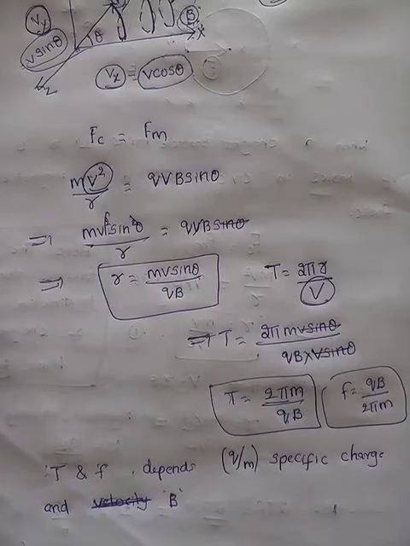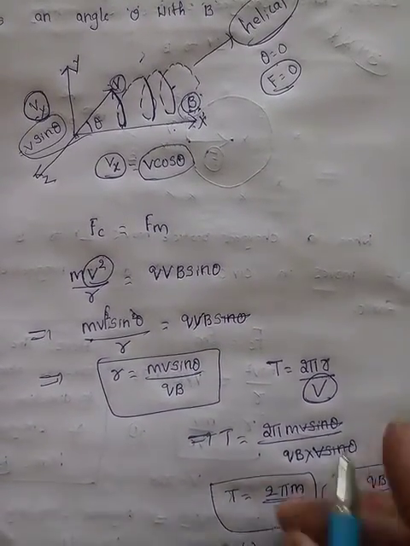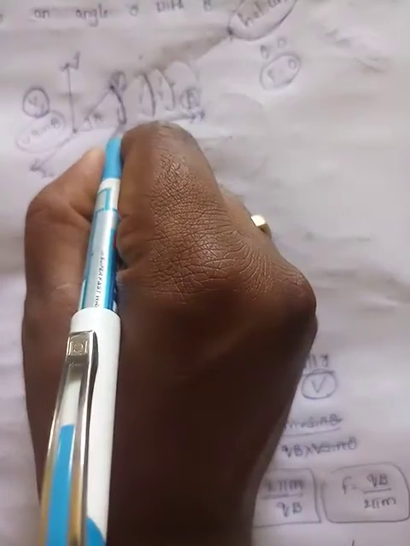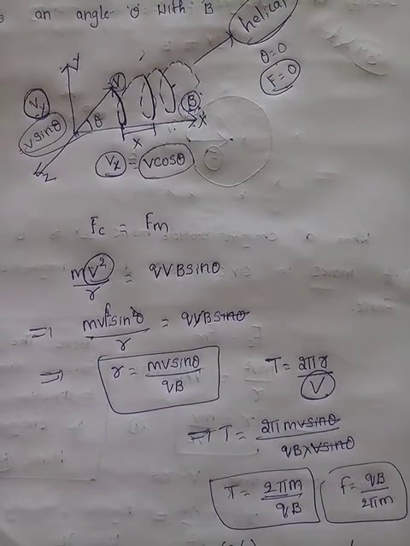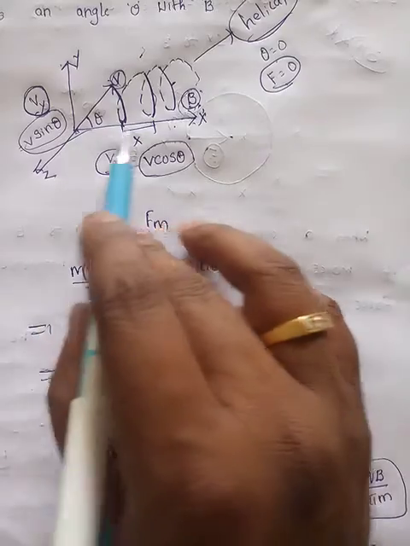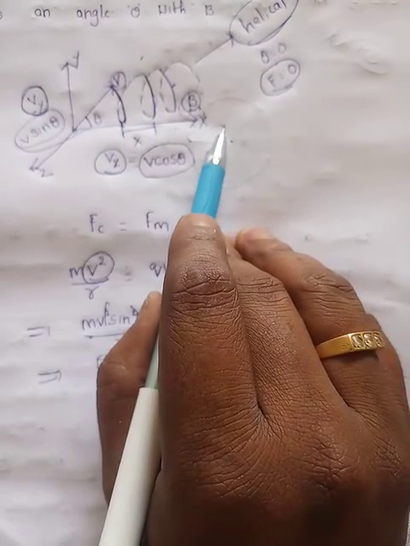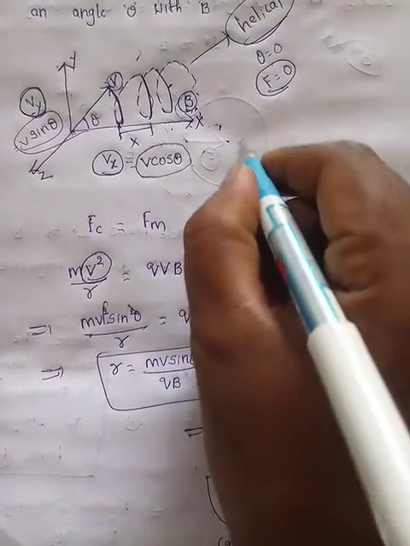So here one more point we can get, that is called pitch. What is pitch here? The horizontal or linear distance moved by the charged particle along the direction of magnetic field in one rotation is called pitch of helix.